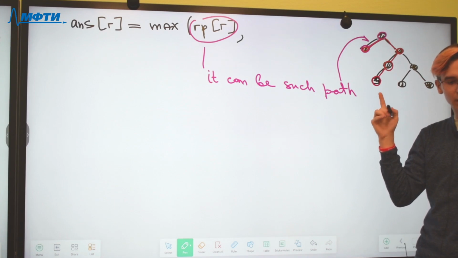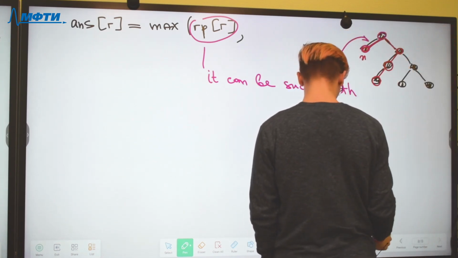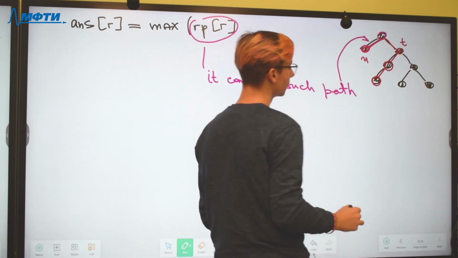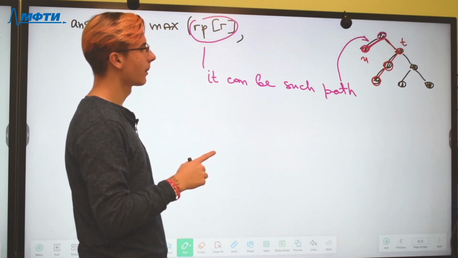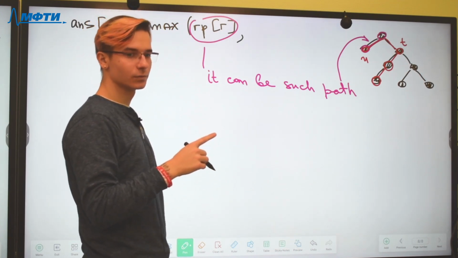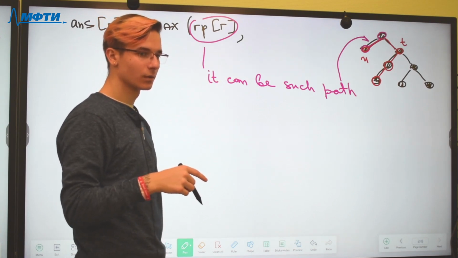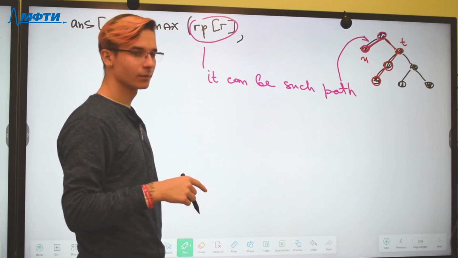We can say that if it's U, it's T, the weight of this path equals, do you understand what is the weight of this path?